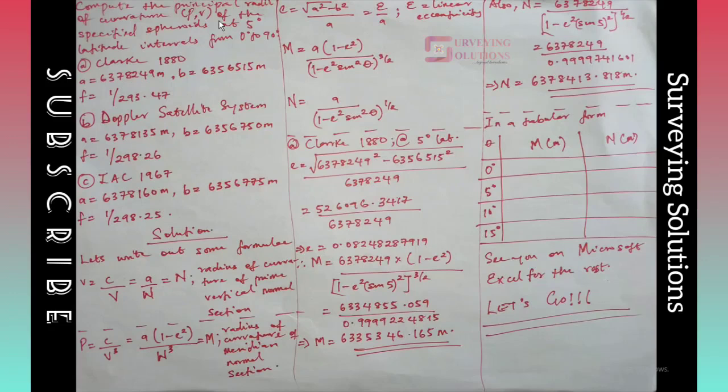This is designated as the meridian radius of curvature M. The other is in the plane of the prime vertical, which is perpendicular to the meridian plane at that point. It's called the prime vertical radius of curvature N, right?